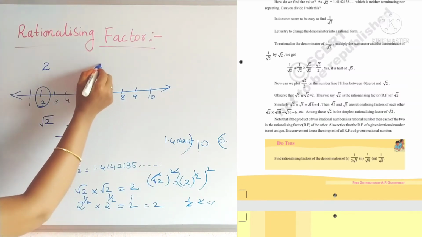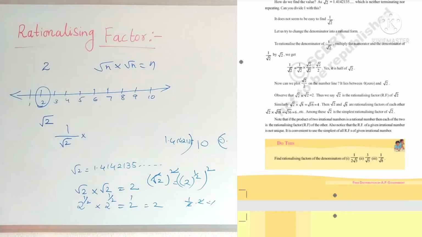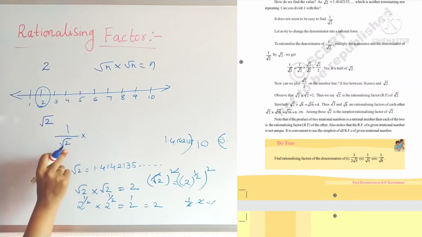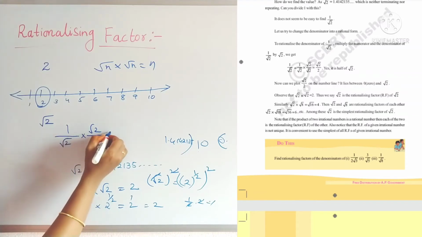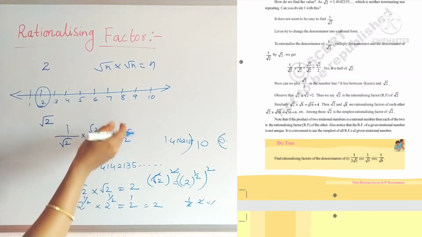After generalizing we can say root n into root n is equal to n only. Here root 2 is there in the denominator. For removing it I am multiplying both numerator and denominator with root 2. 1 into root 2 is root 2, and root 2 into root 2 is 2. So it is half of root 2, right?